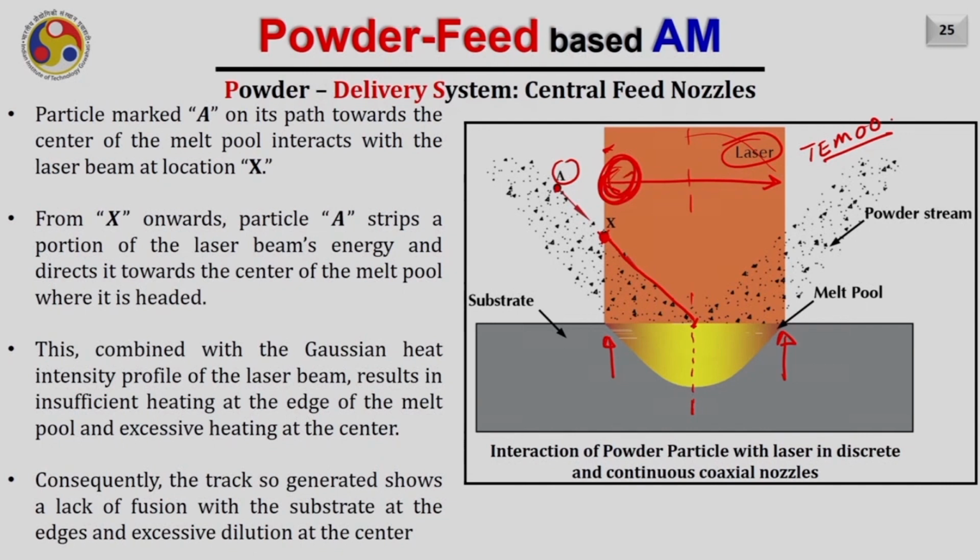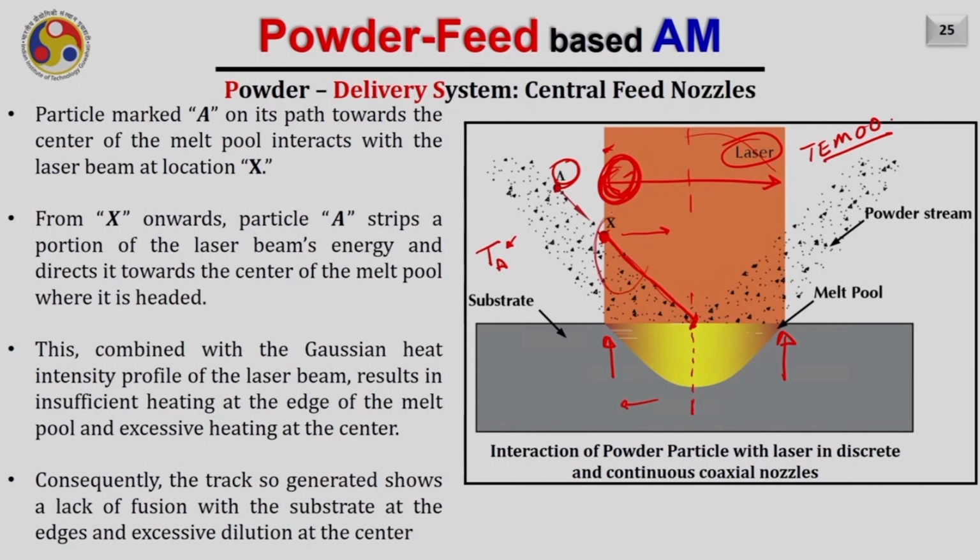Also, in this region, the powder particle will start absorbing a lot of energy, because at this point A, the powder stream is at temperature TA. As it comes into contact at X, it will start absorbing some energy and its temperature will keep on increasing. So it will absorb more energy on the left side than the right side, because as its temperature keeps increasing, its absorption of energy will keep reducing when it moves towards the center of the molten pool.